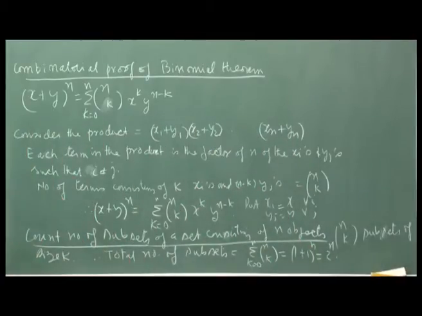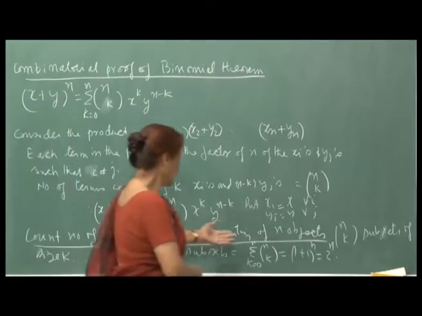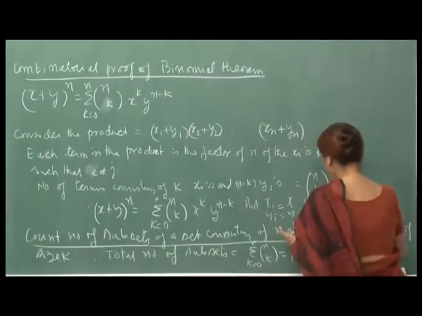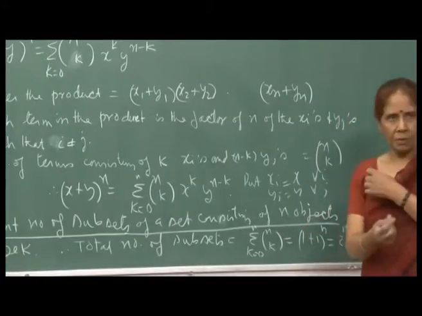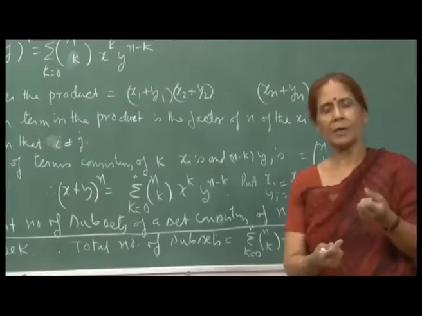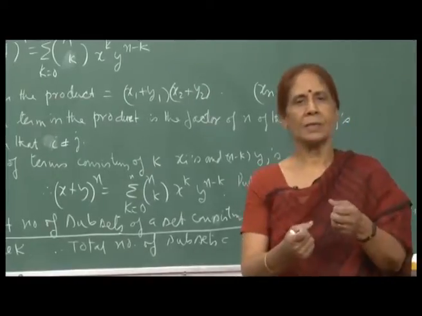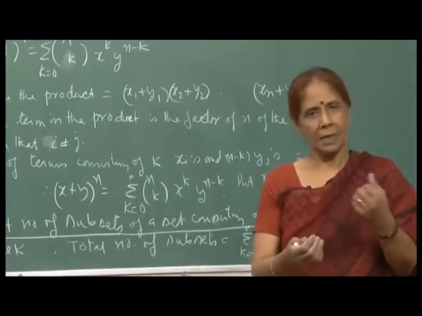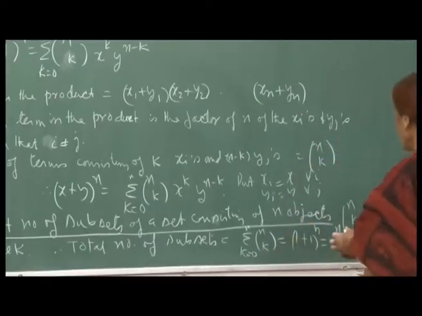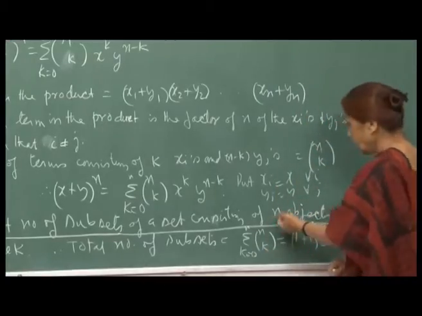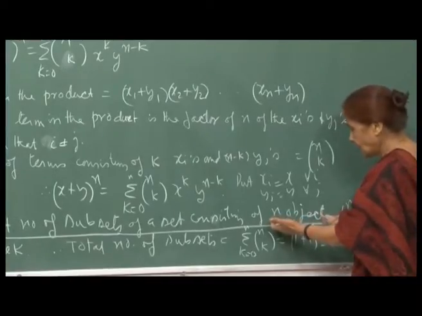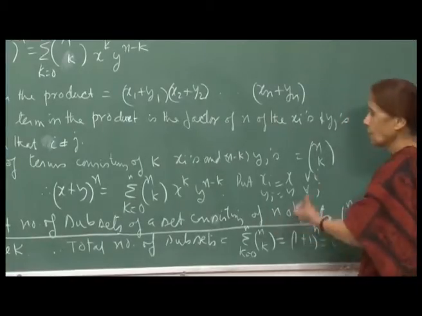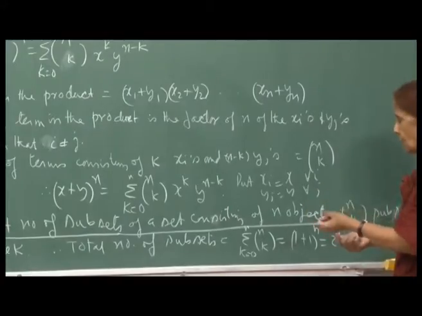Okay. Now, an immediate application of this is that if you have n objects and you want to count how many subsets can be there of these n objects. And of course, the empty set we also consider as a subset, that means nothing gets chosen from the n objects. So, you can have the empty set, then subsets consisting of only one object from these n objects, subsets containing 2 objects, 3 objects and so on.